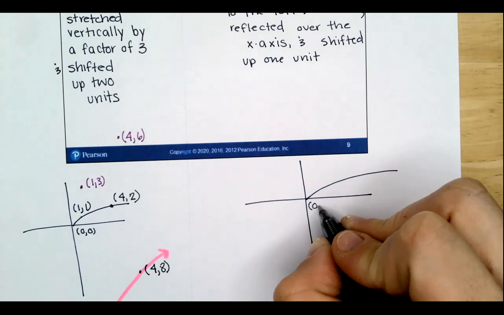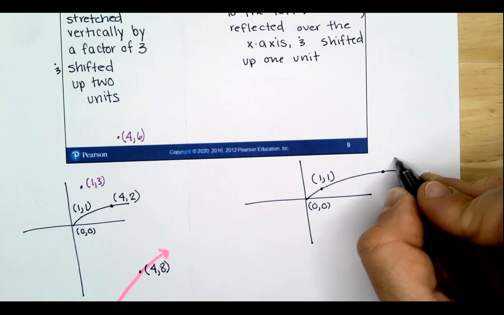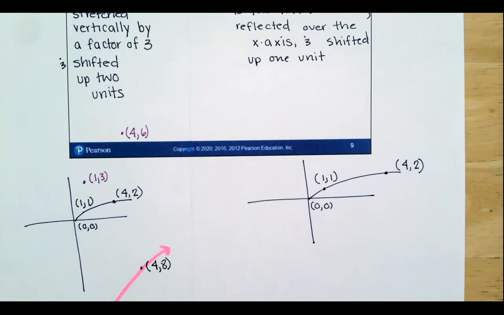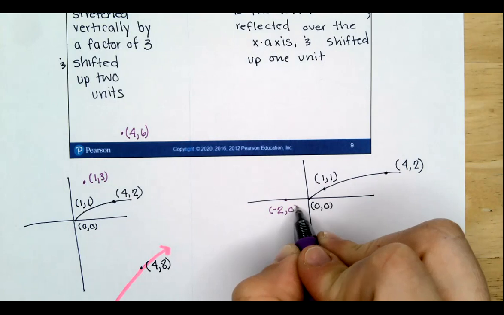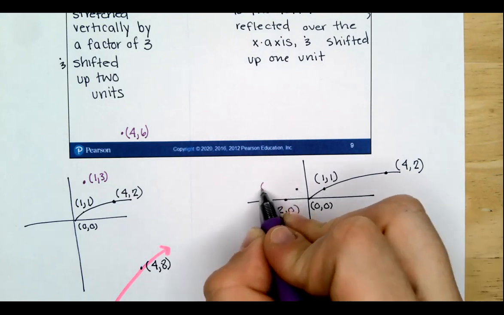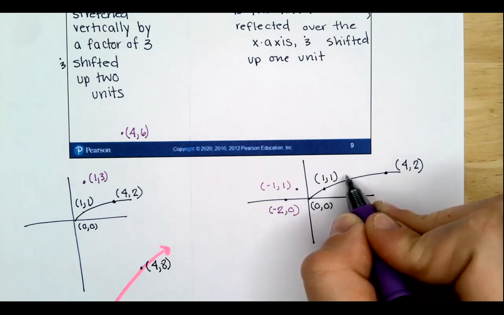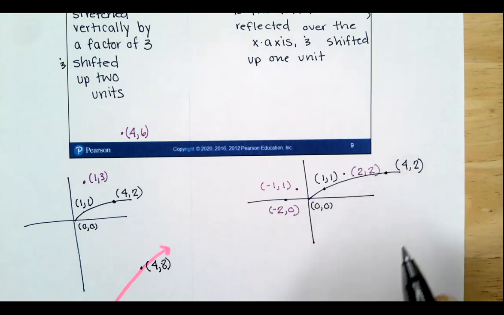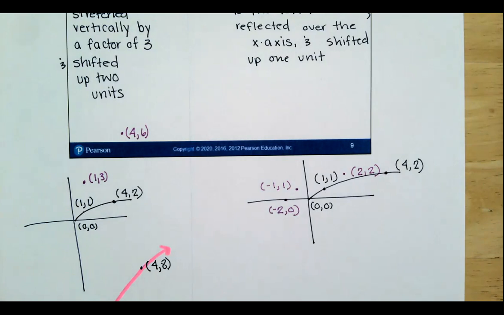Okay, so here's our original. So it was (0, 0), (1, 1), (4, 2). Shifted to the left 2 units. So that is now (-2, 0), (-1, 1), (2, 2). Reflected over the x-axis. So this is my x-axis, so now I'm going to make all of my y's into the opposite.